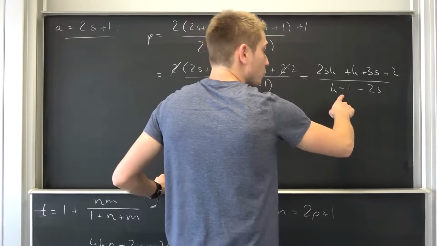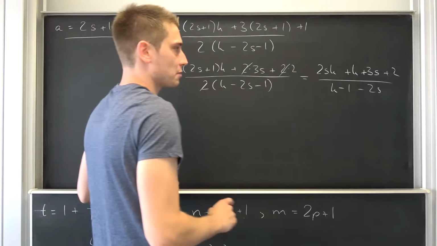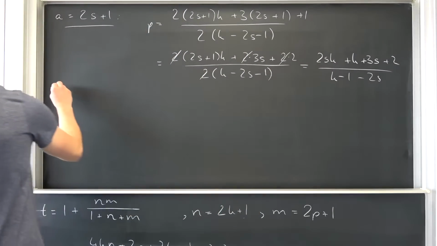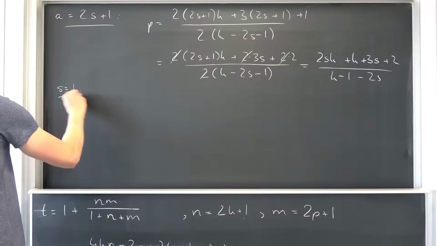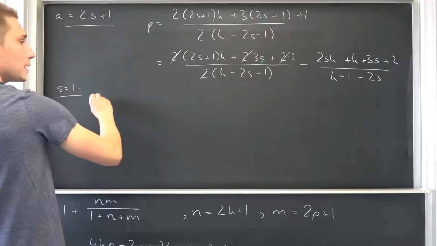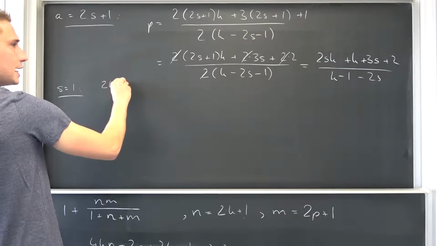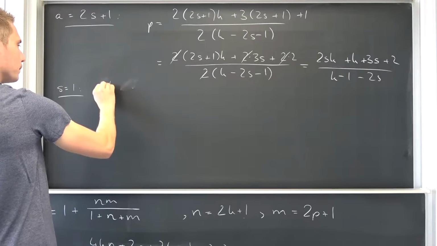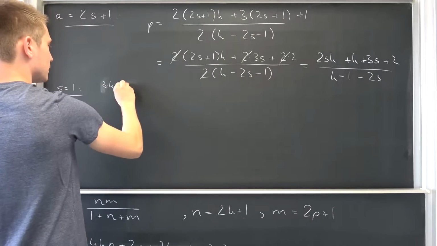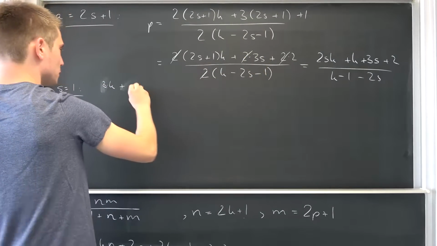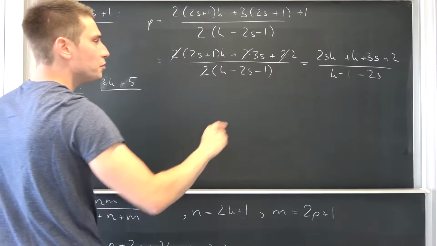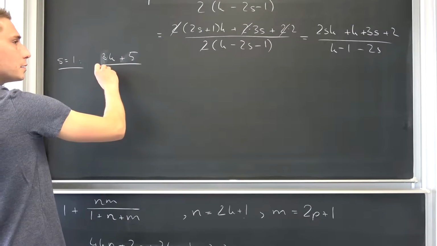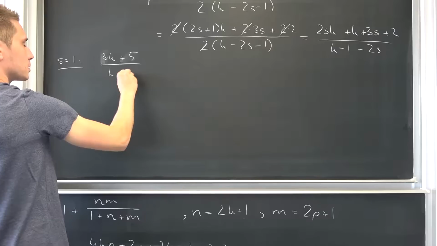Meaning K minus 1 must be strictly greater than 2 times S. Why not go for S being equal to 1, for example? Then we are going to get 2 times K plus K, so 3 times K overall, plus 3 plus 2, which is 5, over K minus 1 minus 2, which is thus K minus 3.